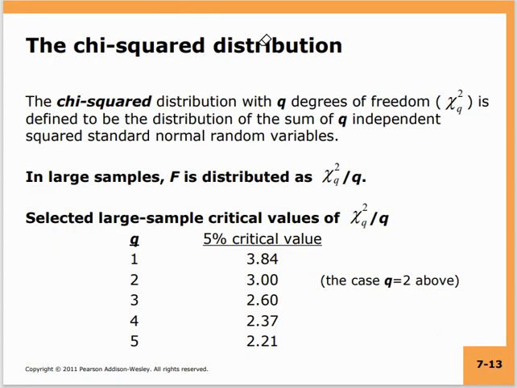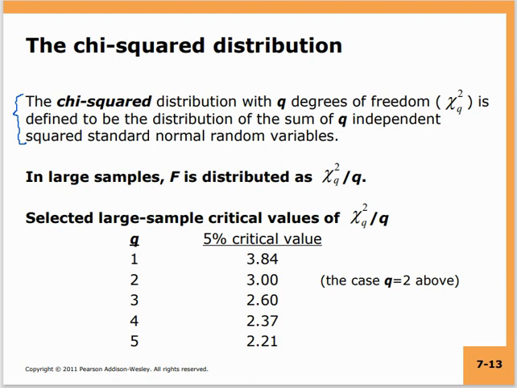The chi-square distribution with q degrees of freedom, where q is the number of restrictions, is defined to be the distribution of the sum of q independent squared standard normal random variables. This is just the definition of the chi-square distribution. In large samples, F is distributed as chi-square divided by q.